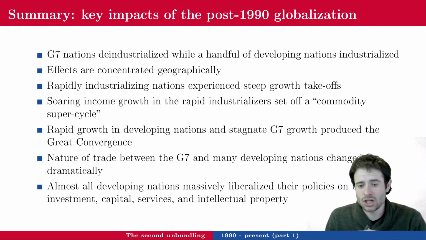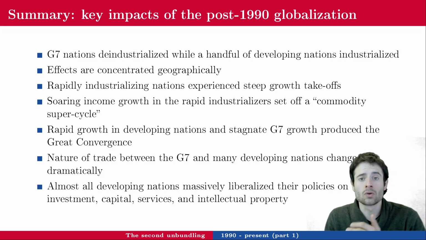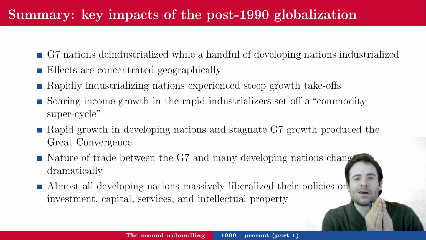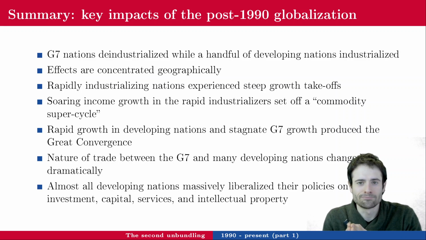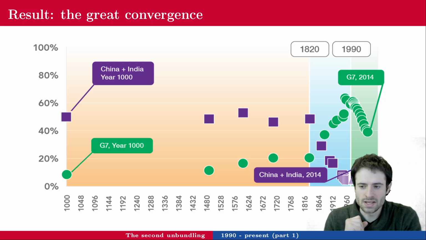Almost all developing nations massively liberalized their policies on trade in order to facilitate investments. Capital, services, intellectual property, whatever makes investments coming from the north easier. This is the graph I was talking about.